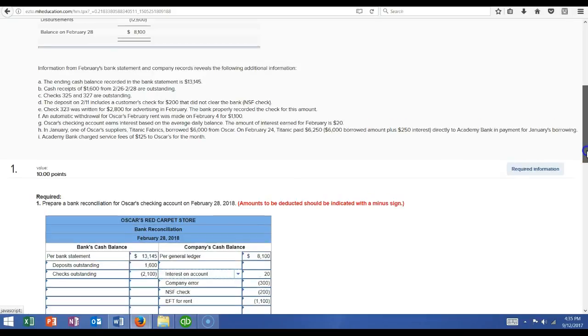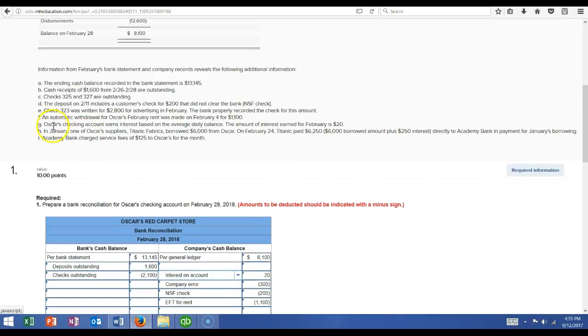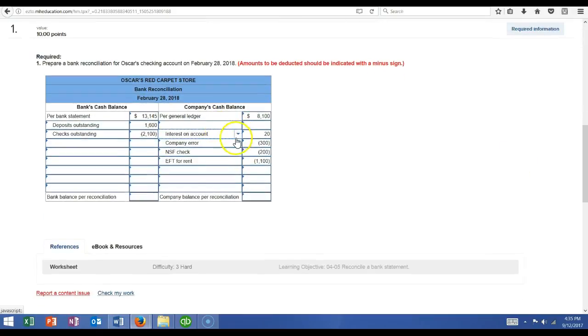Then we also see that one of Oscar's suppliers, Titanic Fabrics, borrowed $6,000 from Oscar. I don't think I want this as interest on account. I want this interest received or interest earned. Let me see. Interest on note.